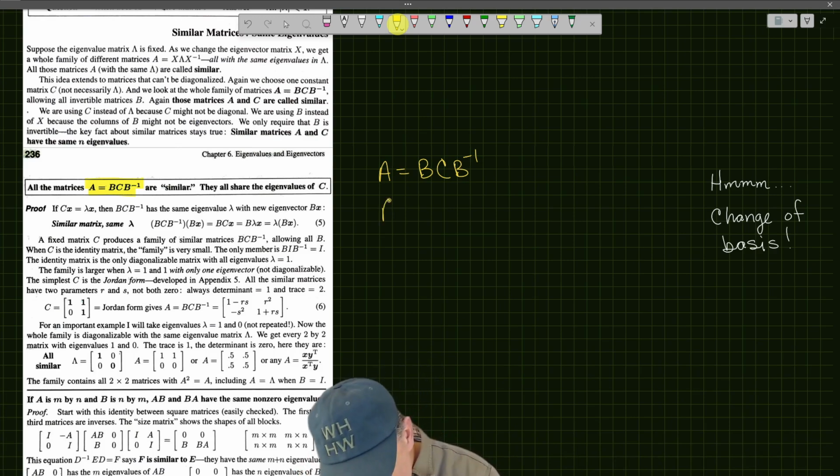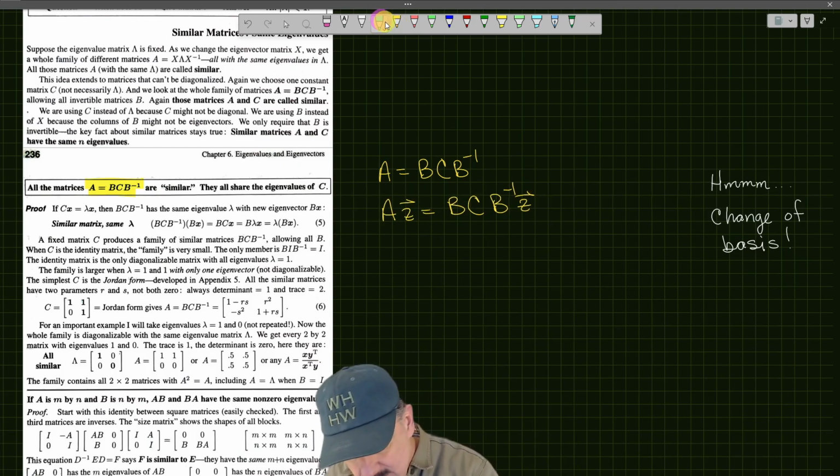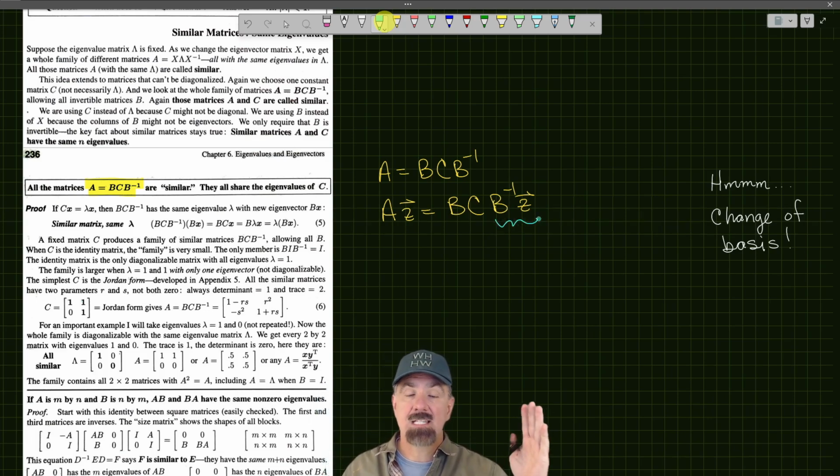What it's saying is, if we take AZ, that's going to be the same as BCB inverse Z, but we already know what this means. This is taking Z from the standard basis into the basis that is the set of columns of B. So now we're in the B basis.